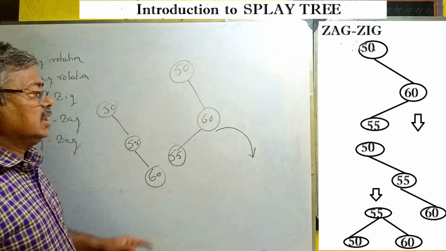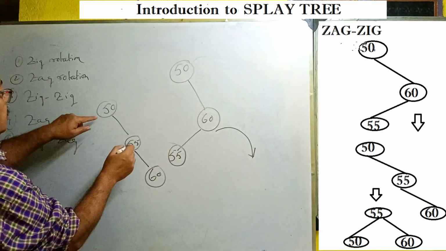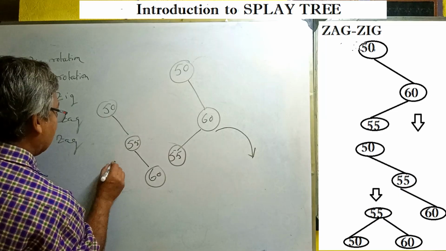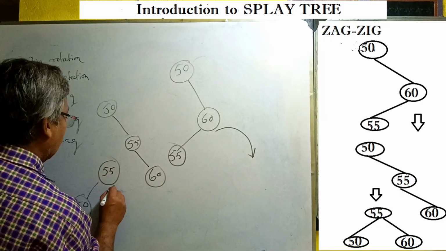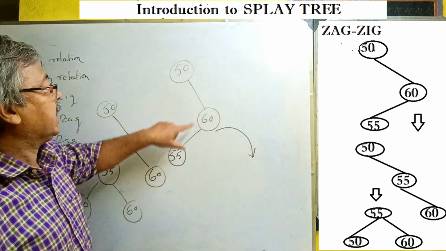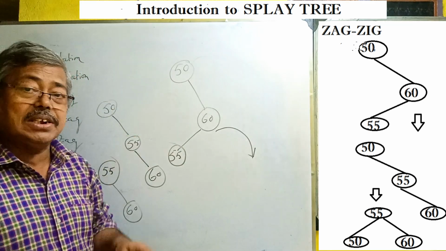After the first jig operation, the second operation is required this way, that is the jack operation. So 55 will come at the root node, 50 at the leftmost node, and 60 at the rightmost node. Then 55 will be placed at the root position after 2 operations.